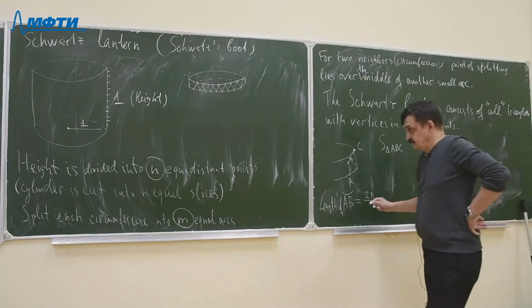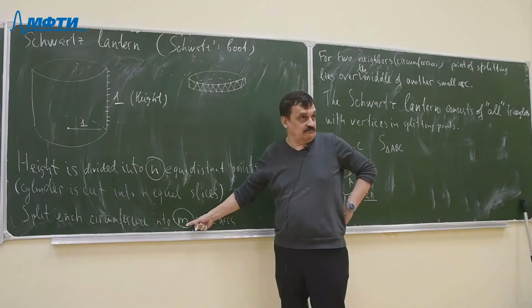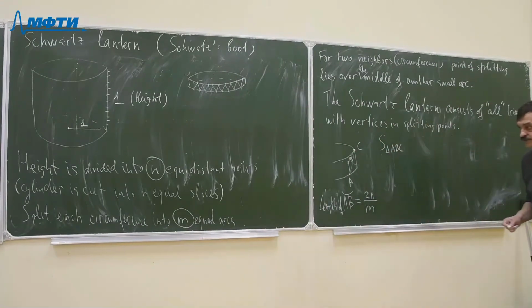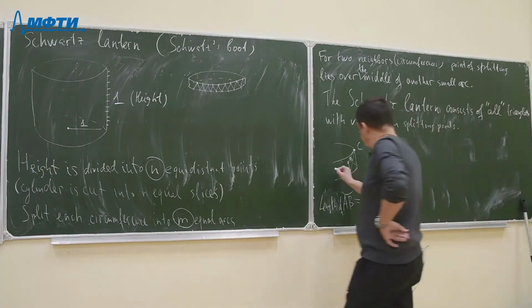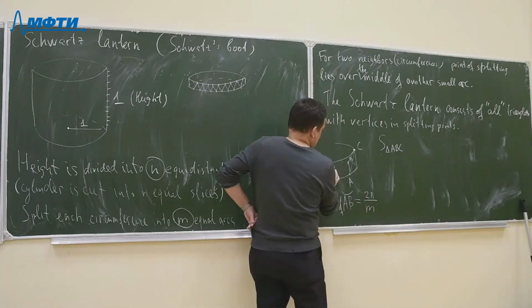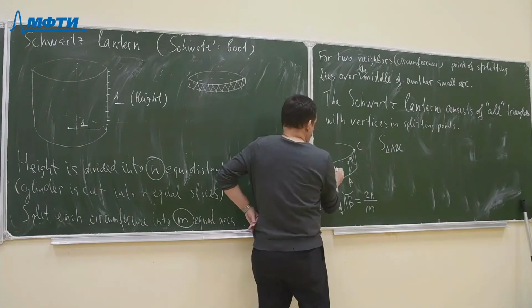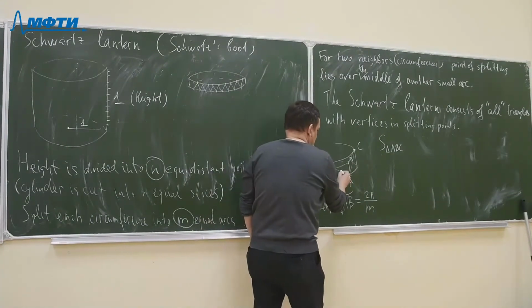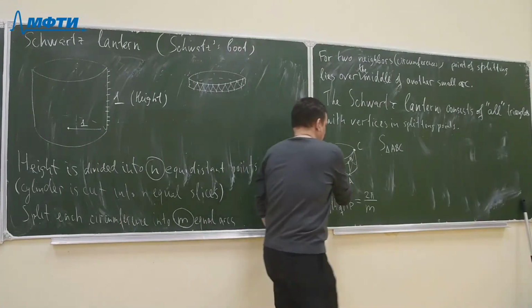We split it into m pieces, so it is 2 pi over m.